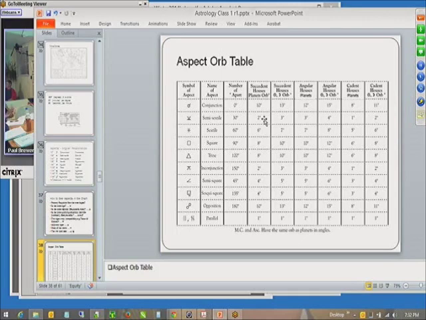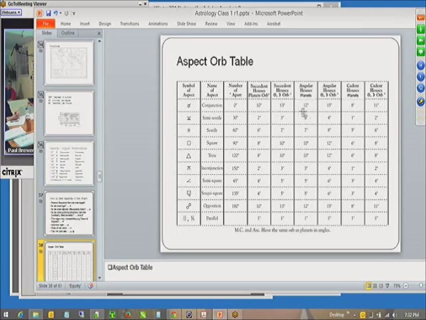The first house, 4th, 7th, and 10th are angular houses. Planets in those houses have the highest volume of energy that comes through. So when planets in angular houses make aspect with other planets, because there's more power in angular houses, they get wider orbs. That means they can be a little further apart from the perfect aspect and still be in orb.